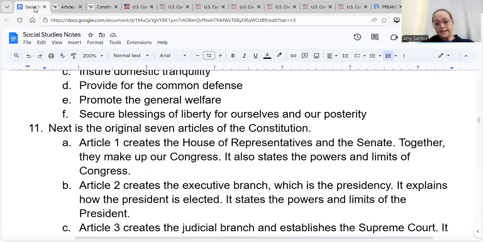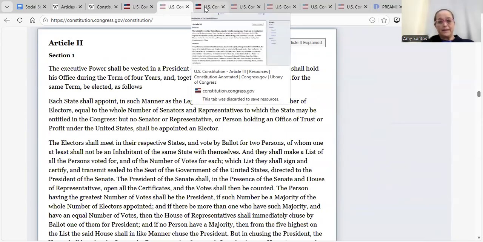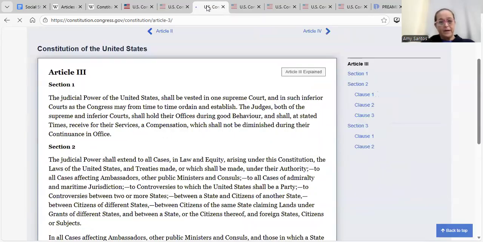That is the presidency. It explains how the president is elected, and it states the powers and limits of the president. And again, it is very long. You don't have to know all about it. You just have to know that it created our government, basically.